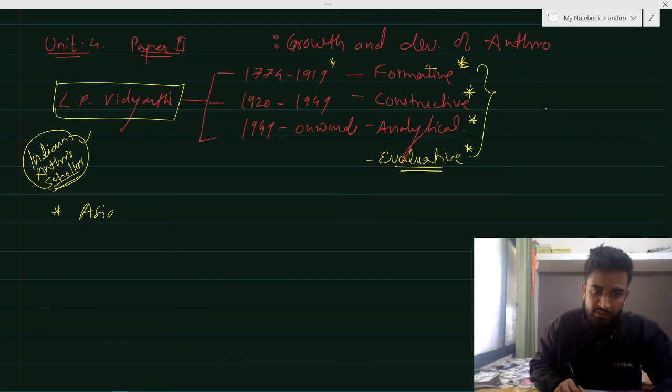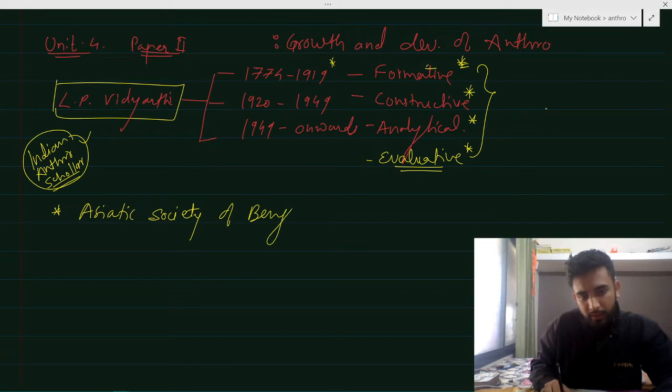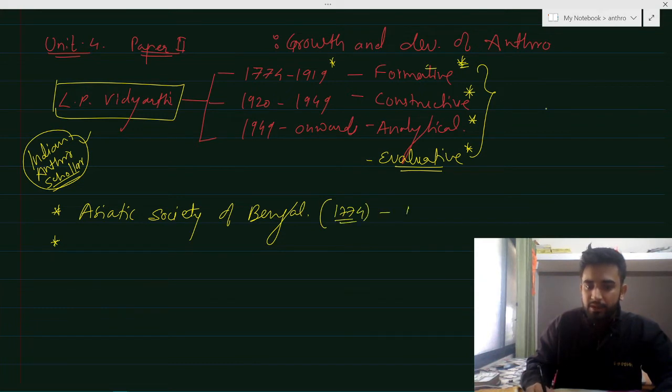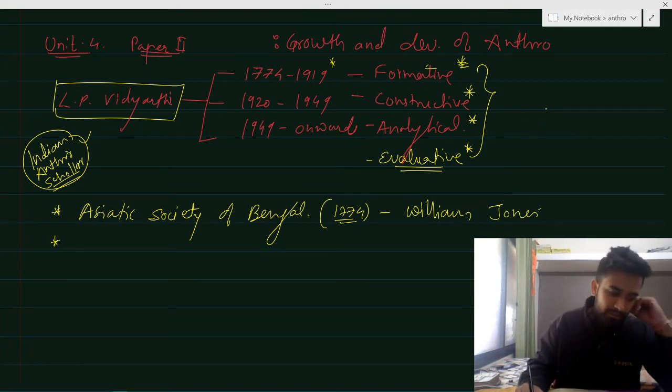So the first thing was the Asiatic Society of Bengal, founded in 1774 under William Jones. So these were the things which actually happened there.